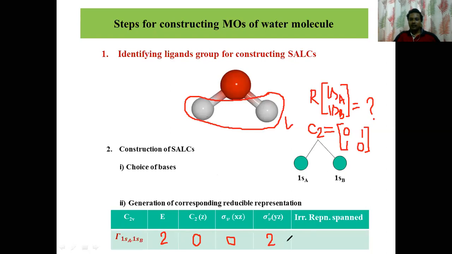So I'm not going to do it, but instead what you can realize is that by looking at the character table, which of the two irreducible representations, if I combine, are going to give this result, right? So you just try to work it out. I'm just writing up here. So that is going to be A1 plus B2.